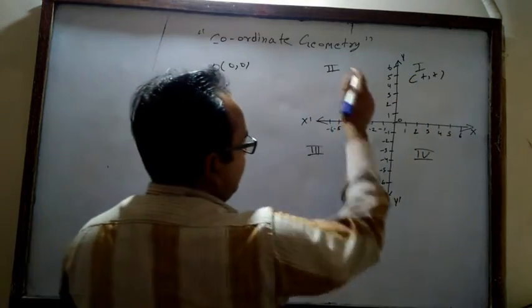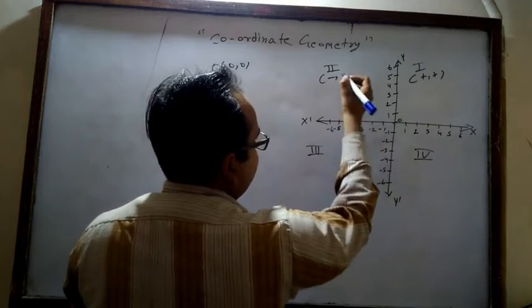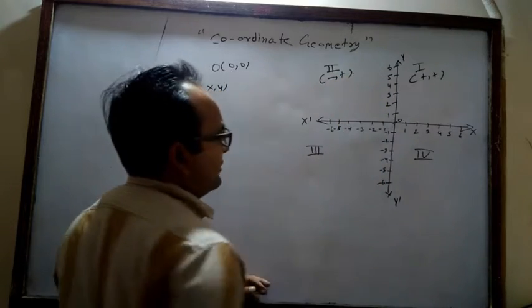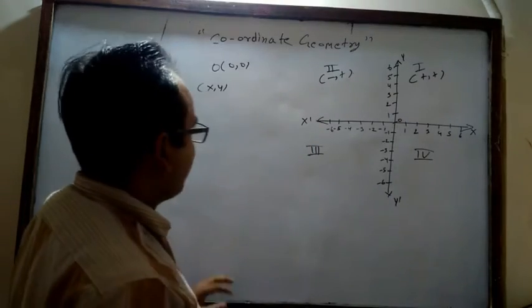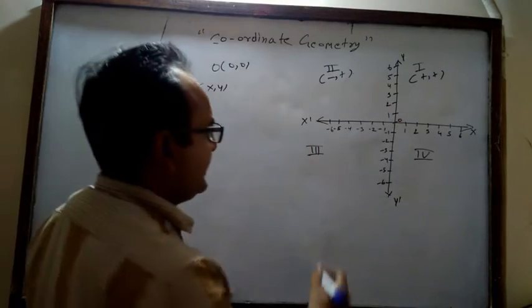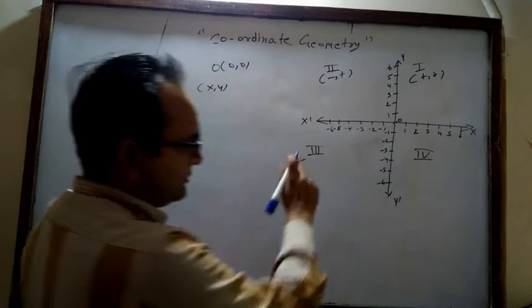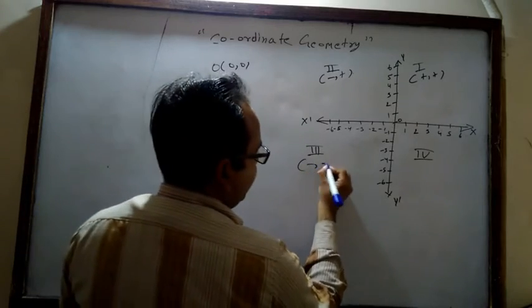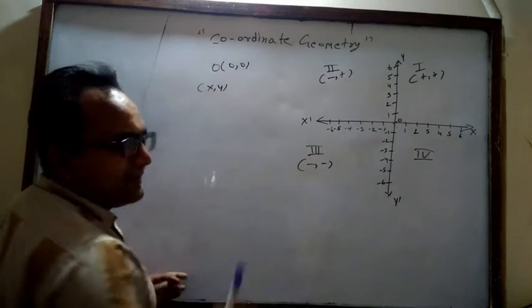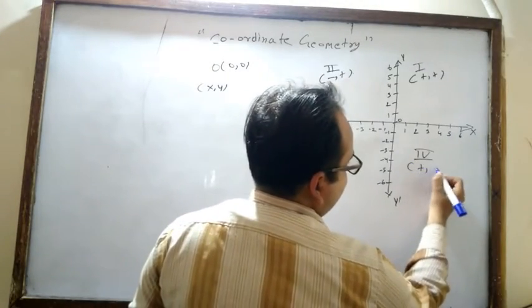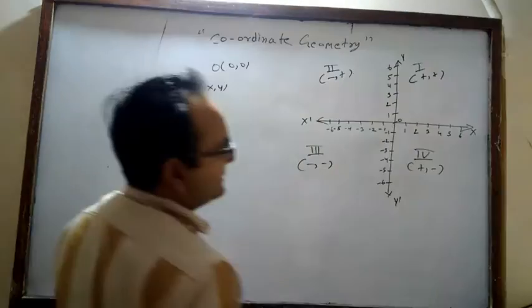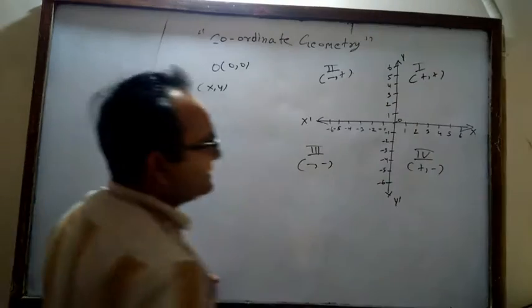The second quadrant is negative, positive, because x is negative and y is positive. The third quadrant is negative, negative, because x and y are both negative. The fourth quadrant is positive, negative, because x is positive and y is negative.